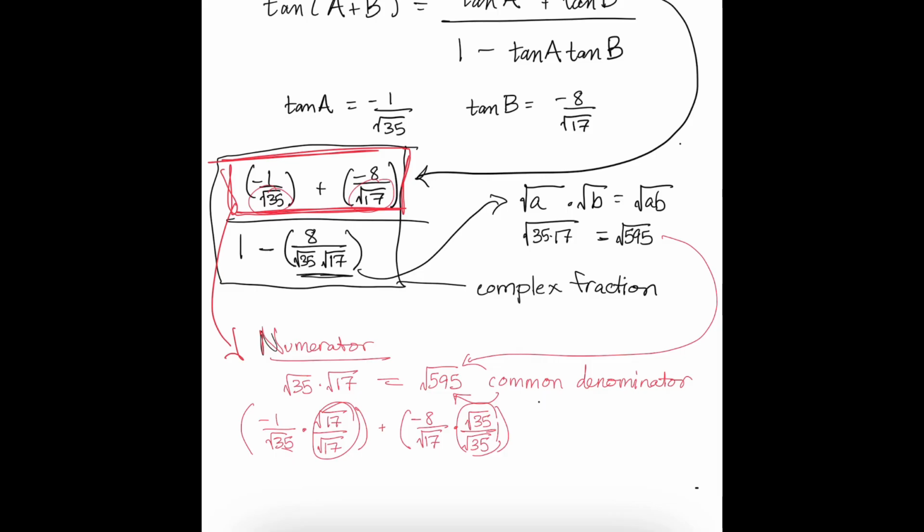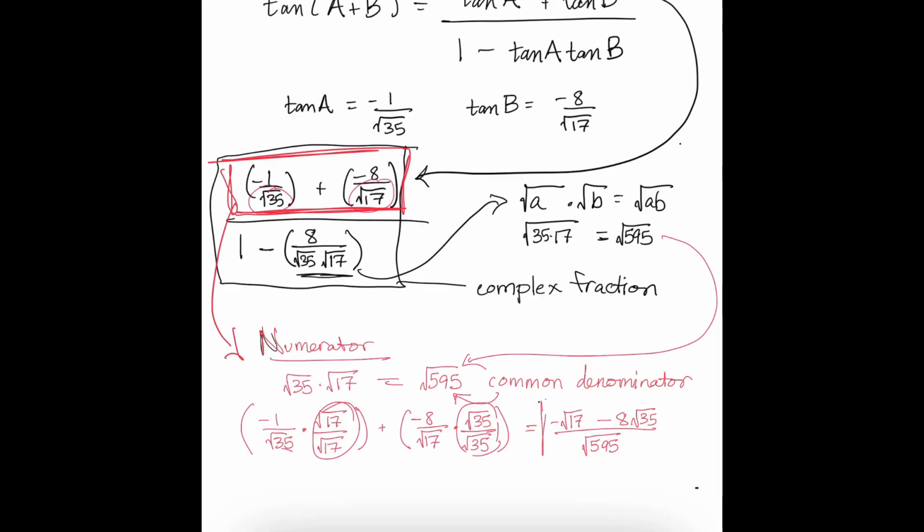So now that I have that, I can go ahead and simplify it. The numerator becomes negative square root of 17, which is 1 times square root of 17, minus 8 times square root of 35. And then I'll write the denominator out with what we know it to be equal to.